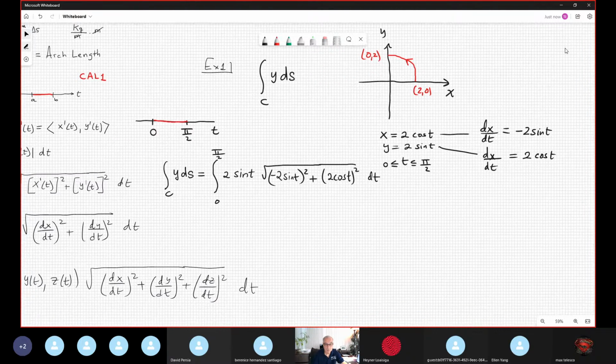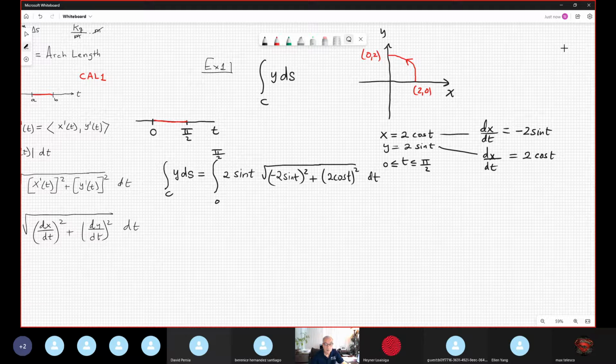Okay, now I want to erase that part. Now you focus on that part, which is super easy. It's 4 sine squared t plus 4 cosine squared t, the part inside the radical.